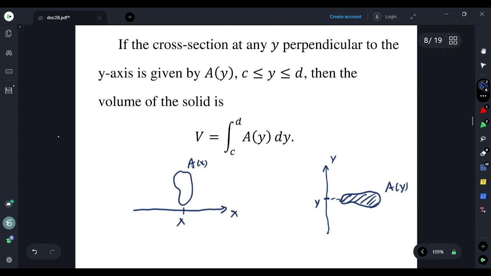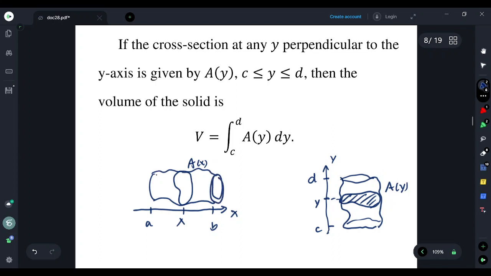It can be proved that if y goes from c to d, the volume of the solid is the integral from c to d of A(y) dy. Compared with the previous one, from a to b, where the volume is the integral of A(x) dx, now the volume is the integral of the area A(y) from c to d, dy. Okay.